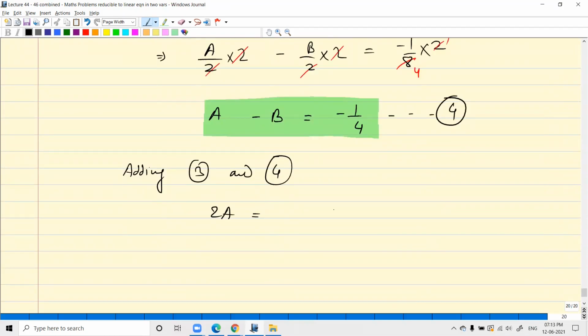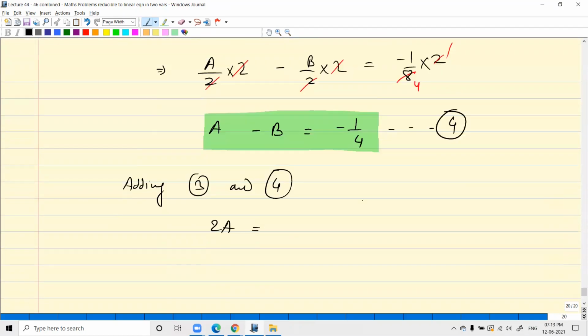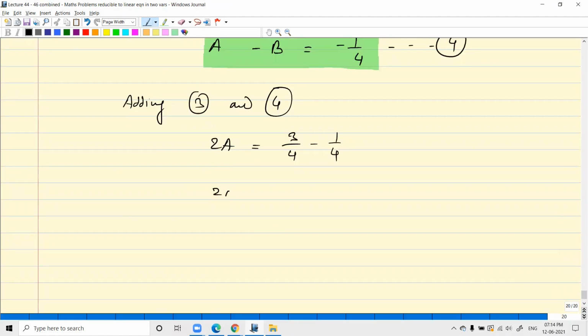So 2a is equal to 3 by 4 minus 1 by 4. Okay. So both the denominators are same, like fractions. So it will become 3 minus 1. Okay, 3 minus 1 is 2 by 4, which is nothing but 1 by 2.